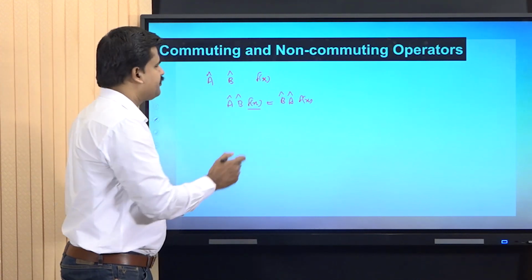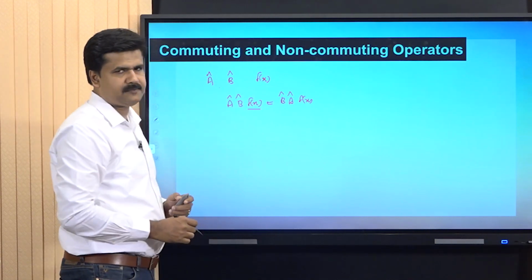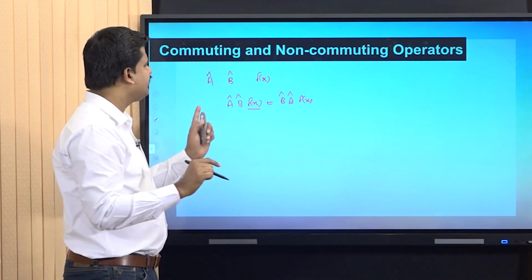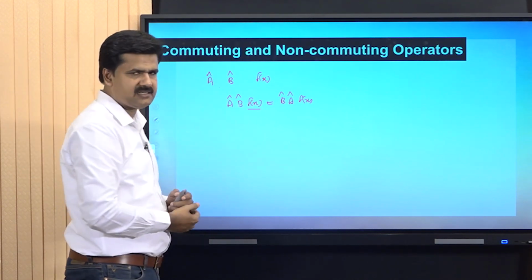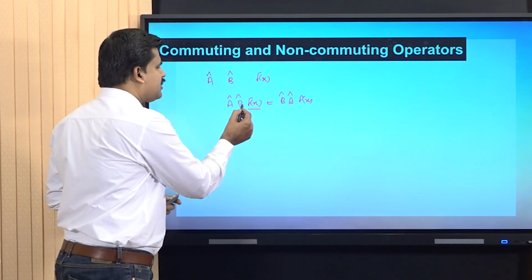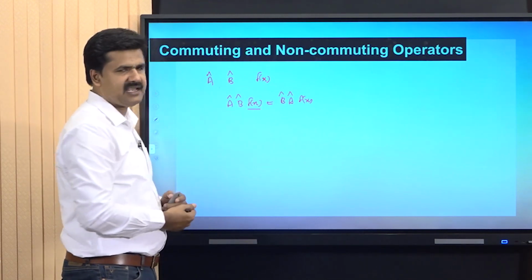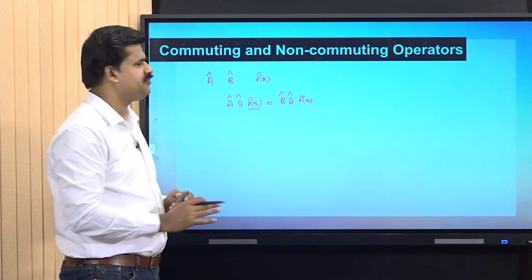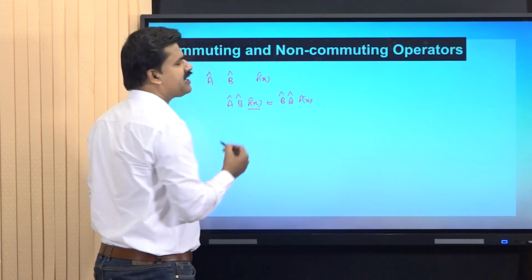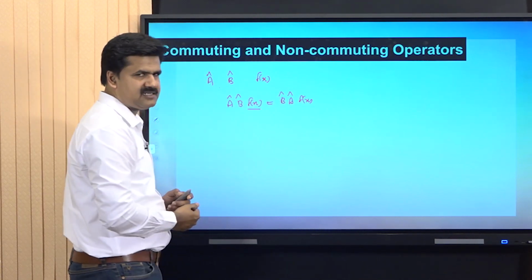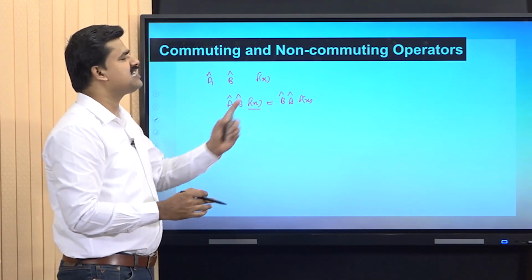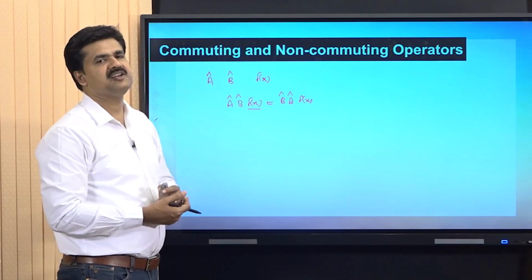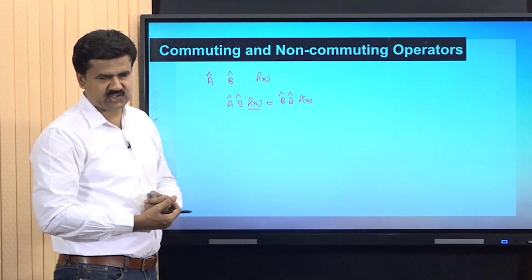In f of x, first B hat is operated. On that result obtained after operation of B hat, we perform one more operation by A hat. That result must be the same as if A hat operates first, followed by B hat. Then LHS and RHS are equal, and we can say that A hat and B hat commute with each other.